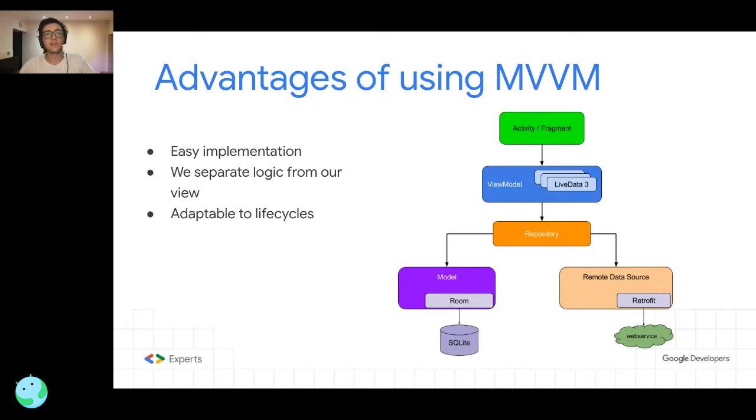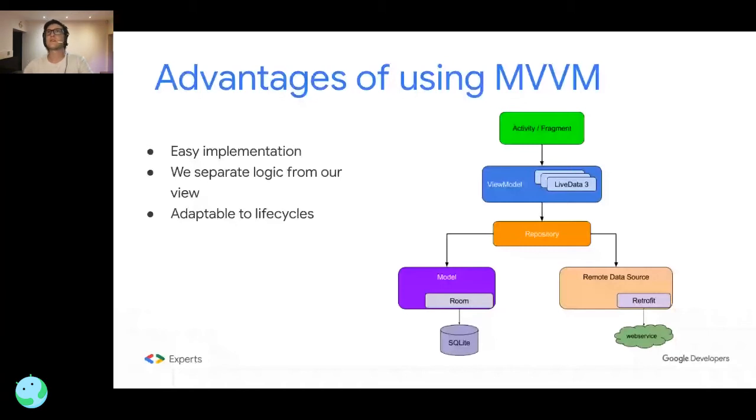All that live data content is saved by the view model. So the view model has a stop point when the configuration change is about to be done, and when it returns from the configuration change, we retrieve the data again from the live data. This is a really nice feature of MVVM, and it's the one that is best for the architecture.